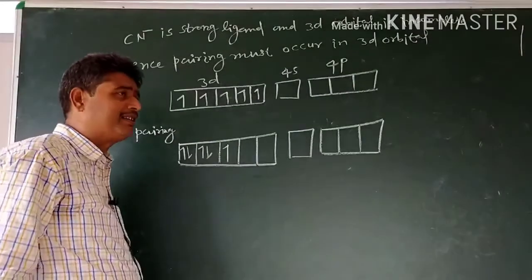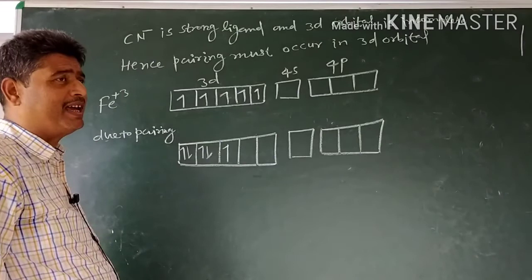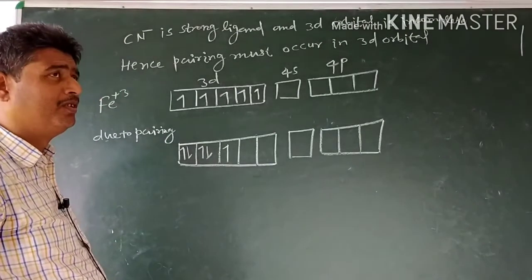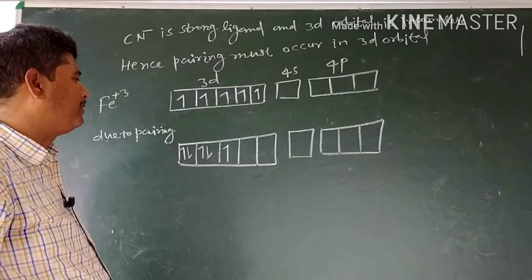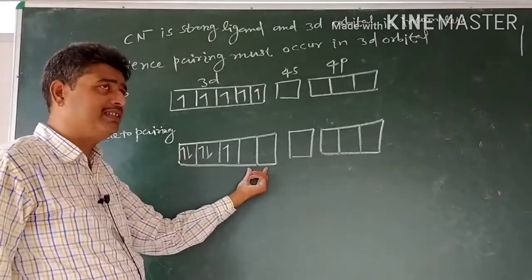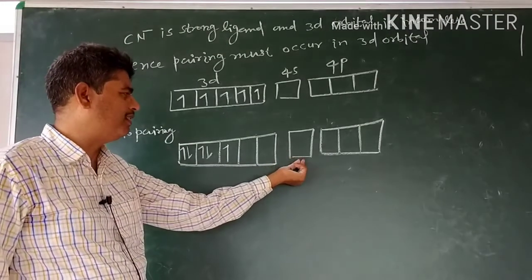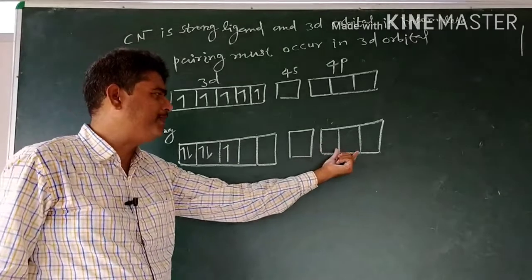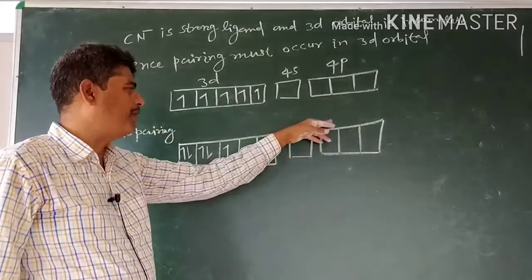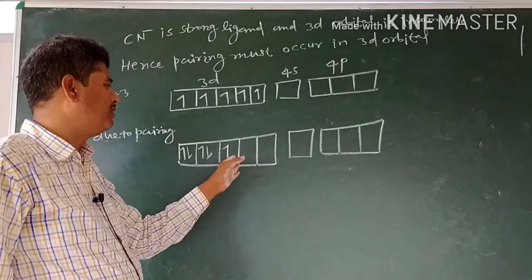Accordingly, as coordination number is 6, we require 6 vacant hybrid orbitals. Due to availability of 2 vacant inner d orbitals, that is 3d orbitals, a single s orbital and 3 p orbitals, our number is clear.